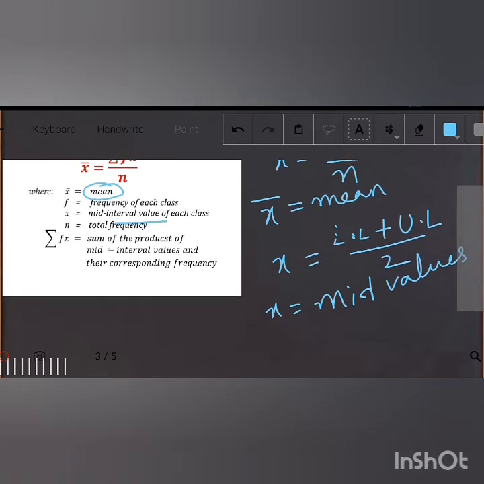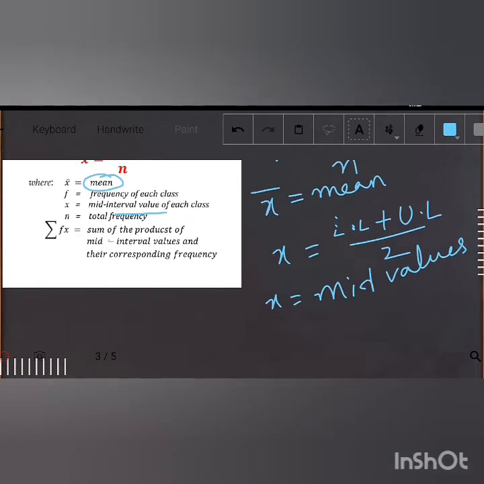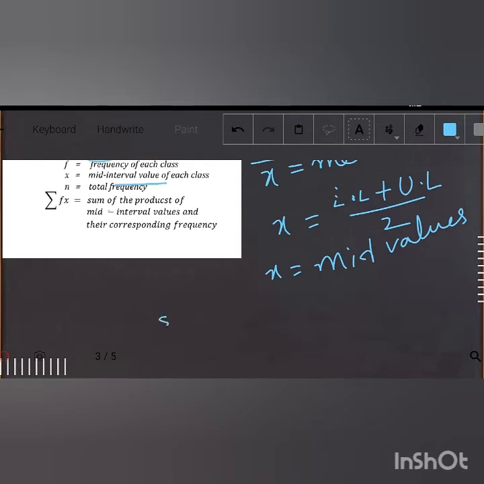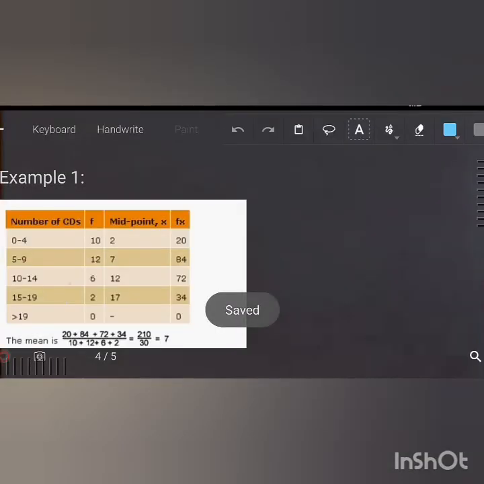Now sigma fx, what does it mean? Sigma fx means first we have to multiply frequency and mid values, and then we have to add up all the products obtained in the total groups. Let us first do an example so that you will understand better.